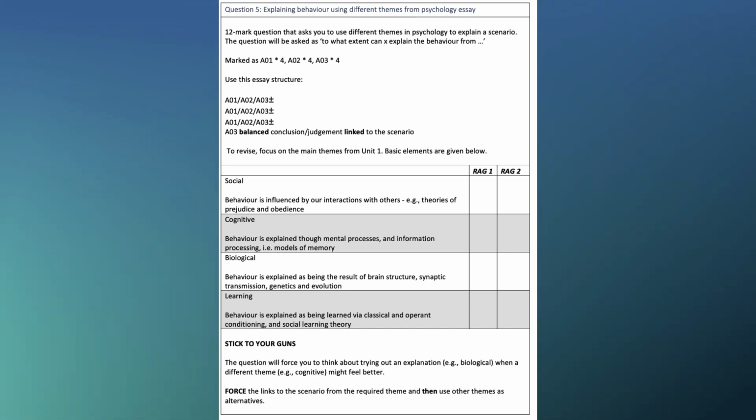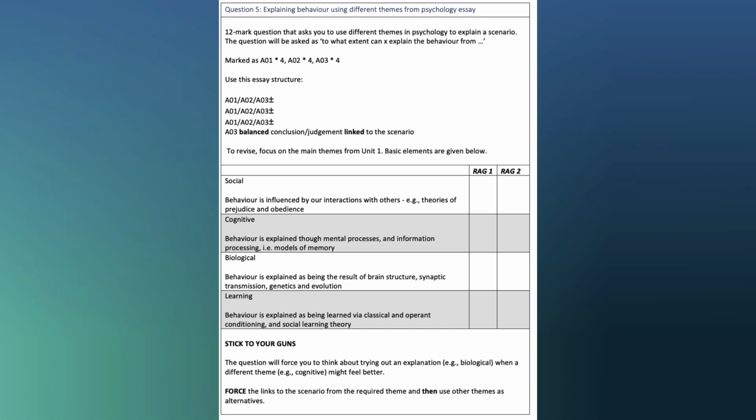There's an essay structure in front of you where I am suggesting that what you do is you go AO1, AO2, AO3 plus minus, repeat that 3 to 4 times, and then have a balanced conclusion at the end linked to the scenario. Best way to revise for this one is to focus on the main themes from Unit 1, and the basic elements you can see there are below.